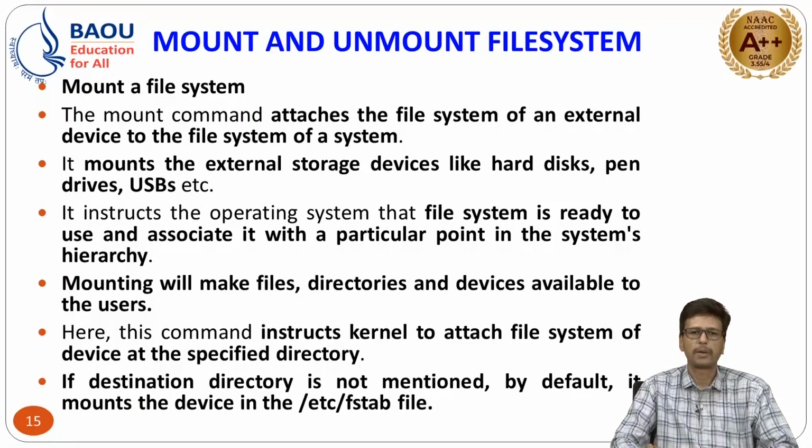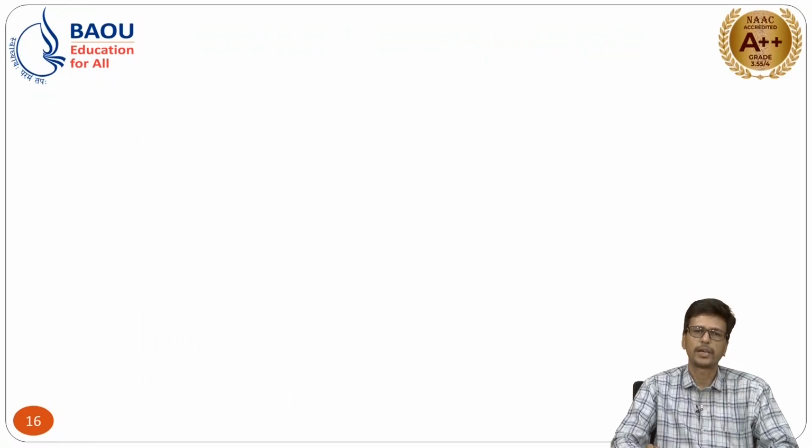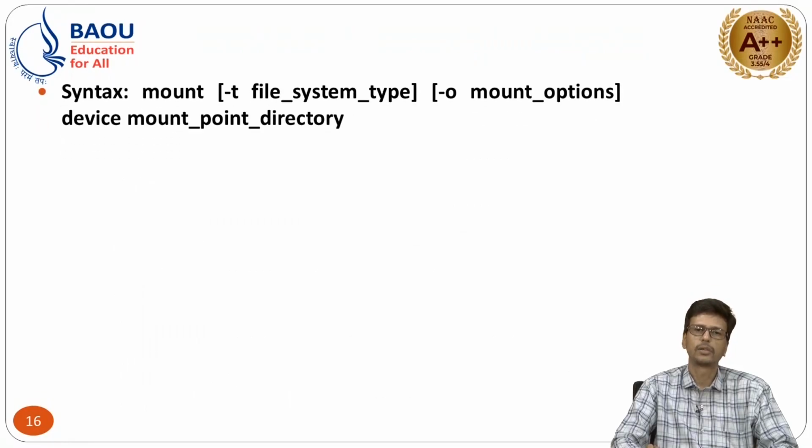Whenever you apply the mount command, generally /etc/fstab is the file, that means the device will be attached to a particular file system, and now the system or the kernel is ready for further operations, as that message is passed to the system, right?